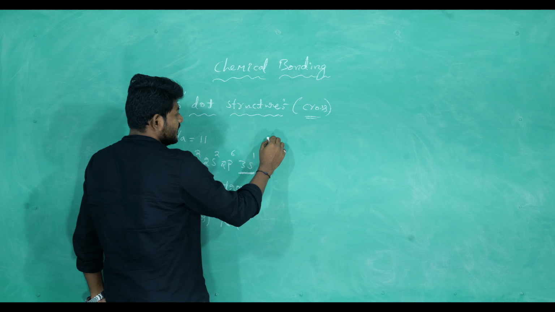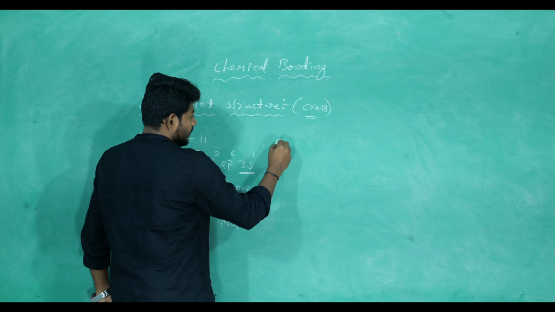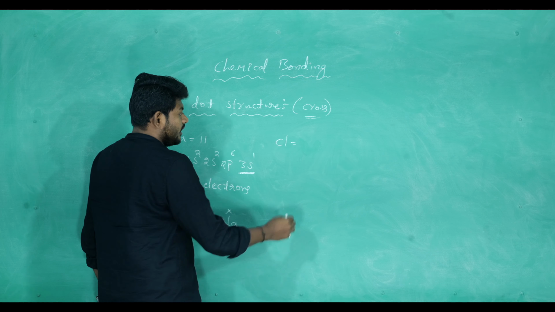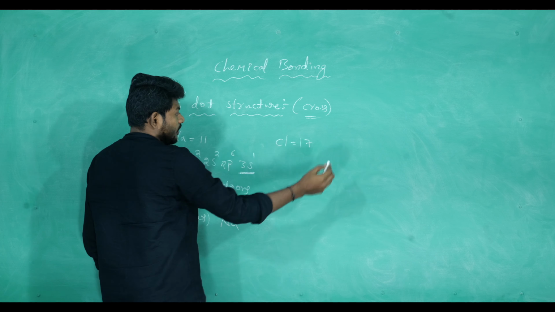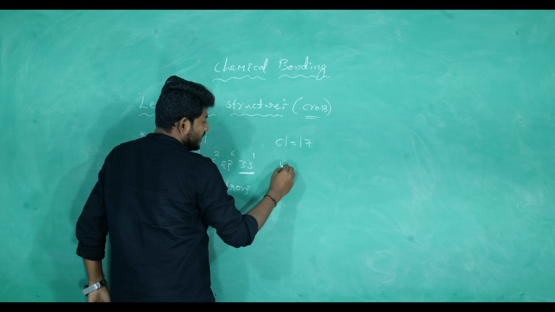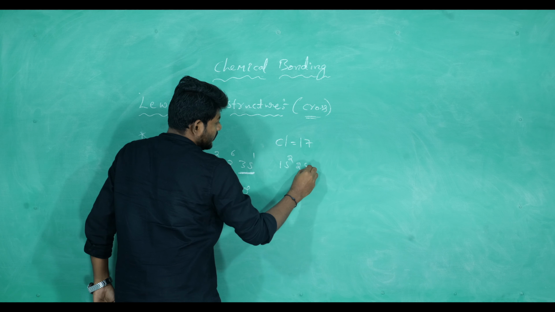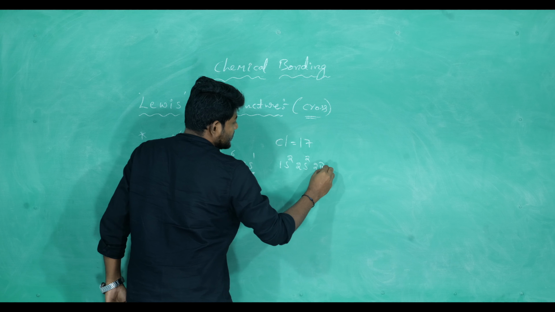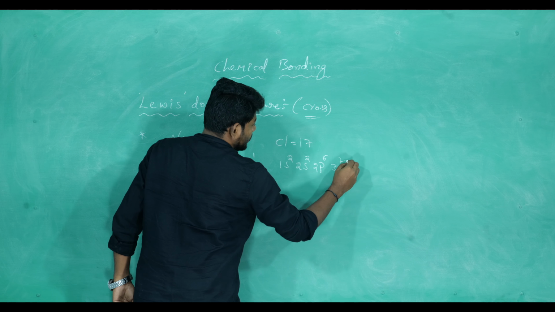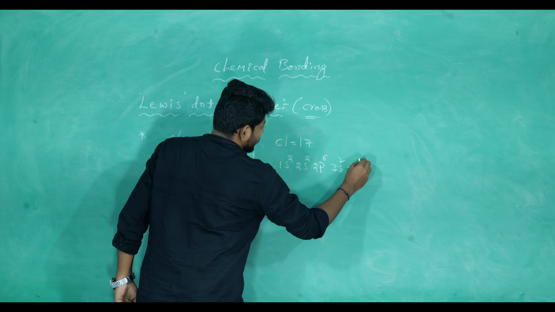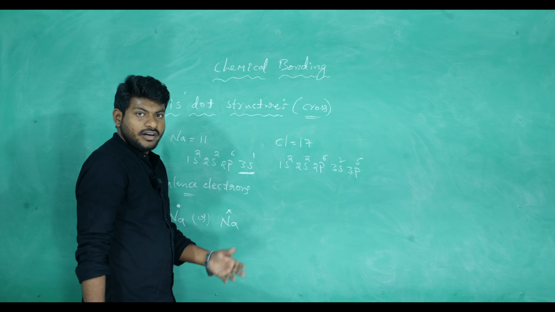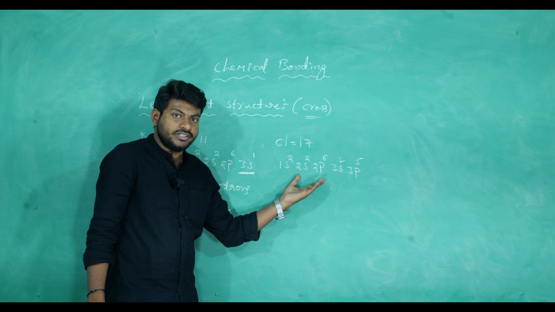If you take another example, chlorine, the atomic number is 17. The electronic configuration of this element is 1s2, 2s2, 2p6, 3s2, 3p5. You already know how to write this electron configuration.